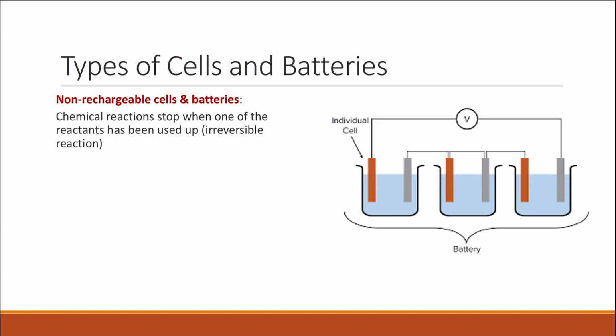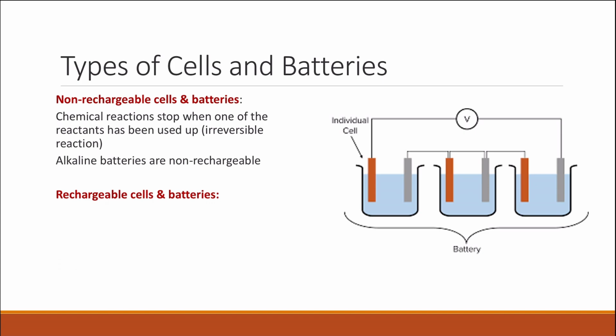This is because this type of reaction is irreversible, meaning it goes only in one direction and we cannot reverse it. An example of that is the alkaline batteries which we use. These are non-rechargeable batteries.